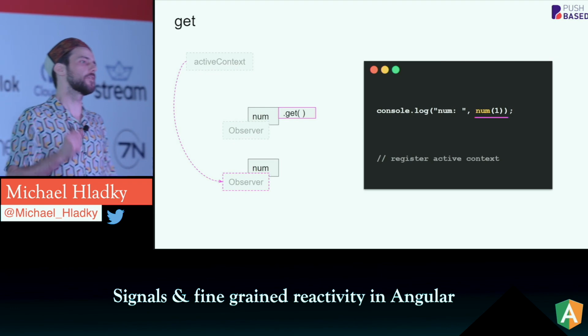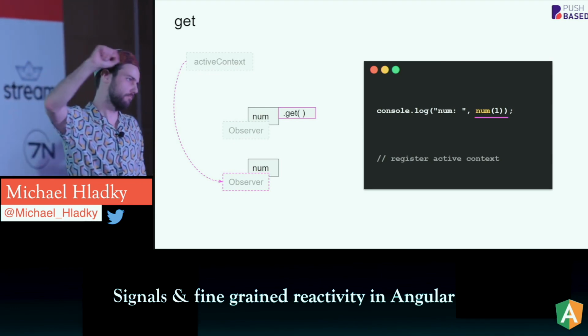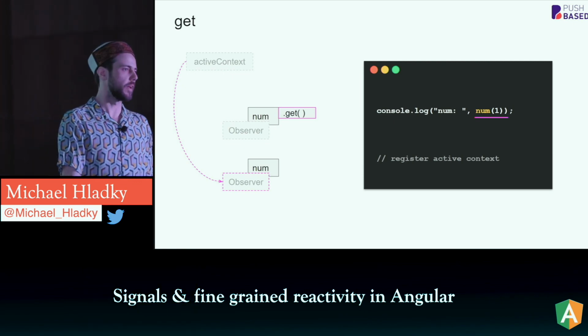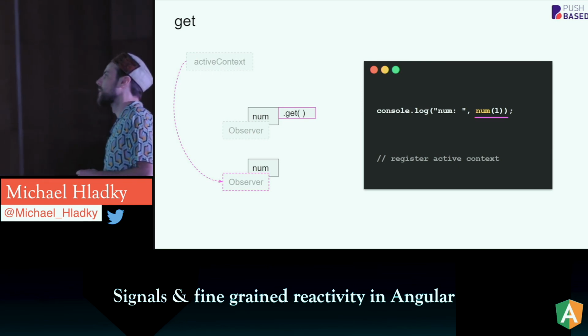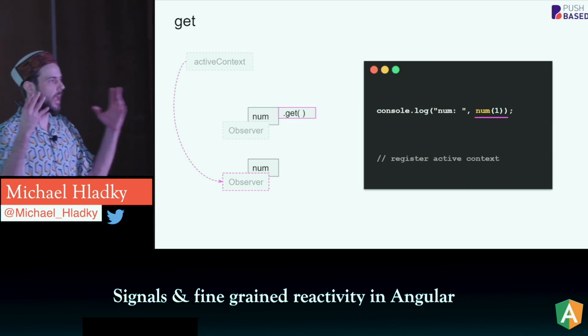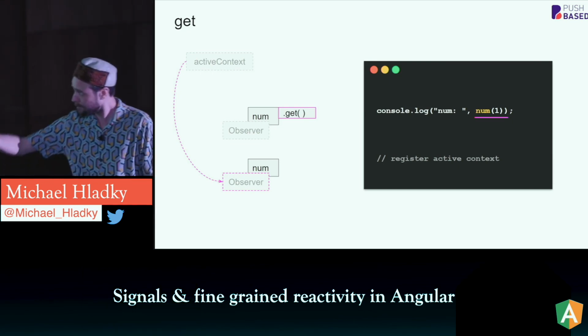So how's the connection made? There's another global variable, and this is in the slideshow here called active context. I'm pretty sure there are other wordings for that, but this is my wording. There is an active context, an active executing computation, effect, whatever.